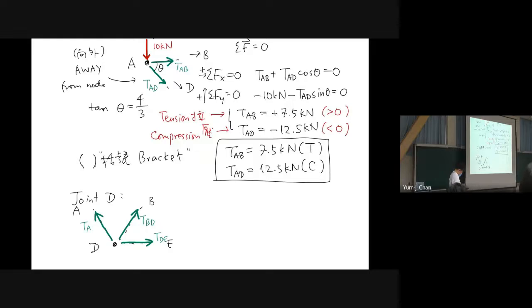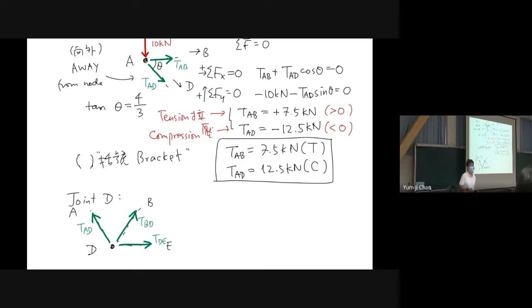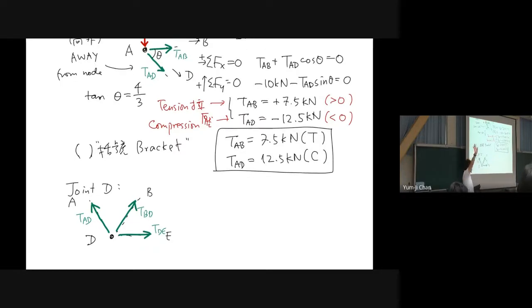TAD. So we have three unknowns. Do we know anything of these? We have three unknowns, but do we know anything by now? TAD is known now. So TAD is equal to minus 12.5 kilonewton. Okay, and this angle is theta, and this one is also theta.